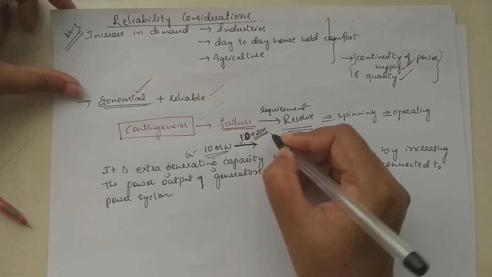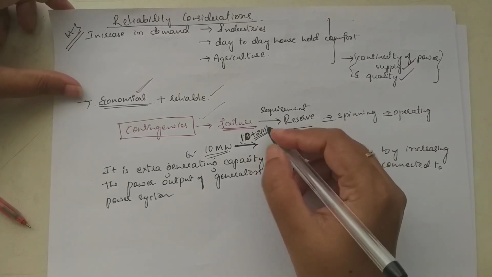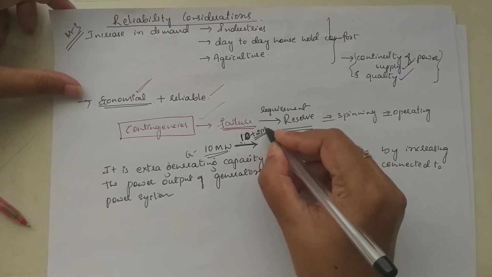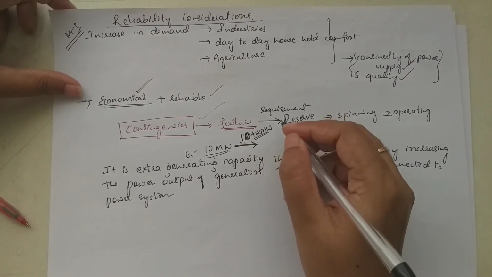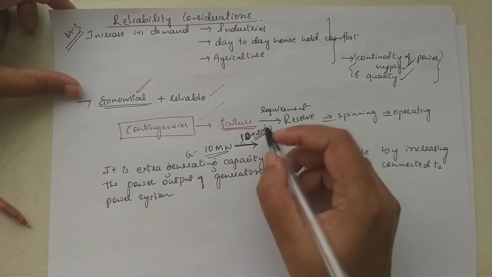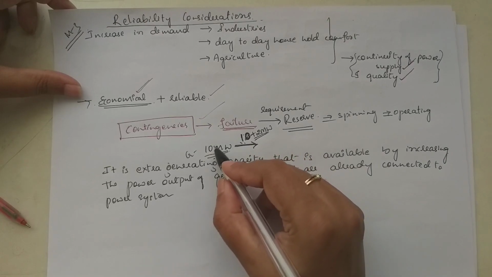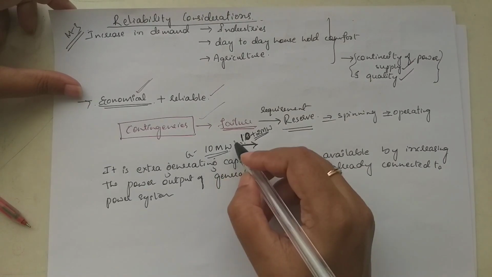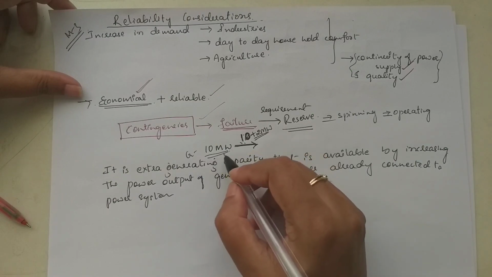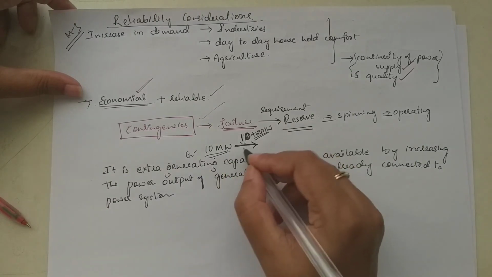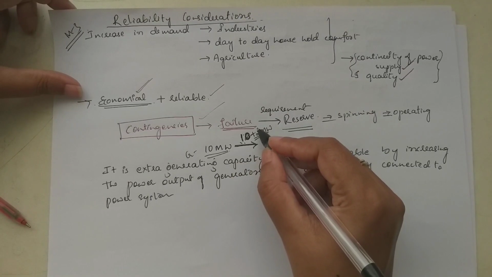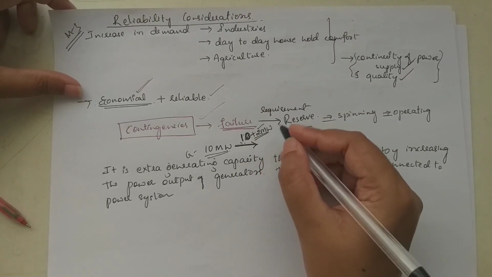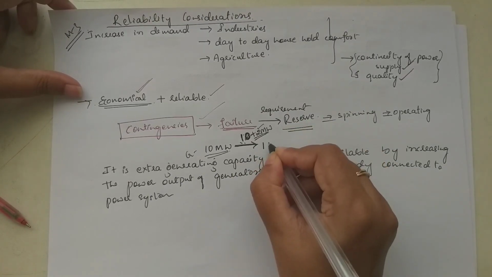Based on past history, it is decided that there is an occasional increase of 2 megawatt in demand, so there should be an extra 2 megawatt. The generator should be designed in such a way that it can generate an extra 2 megawatt whenever there is a need.